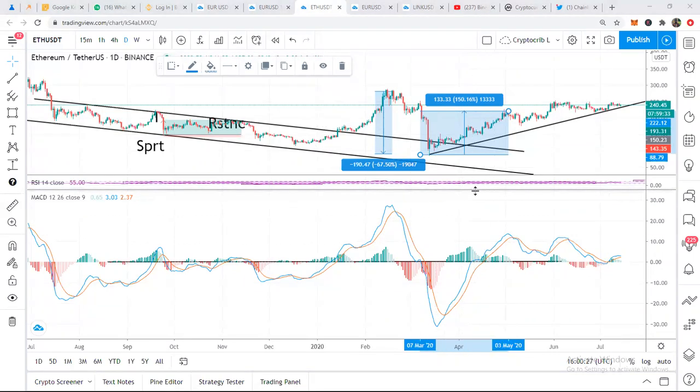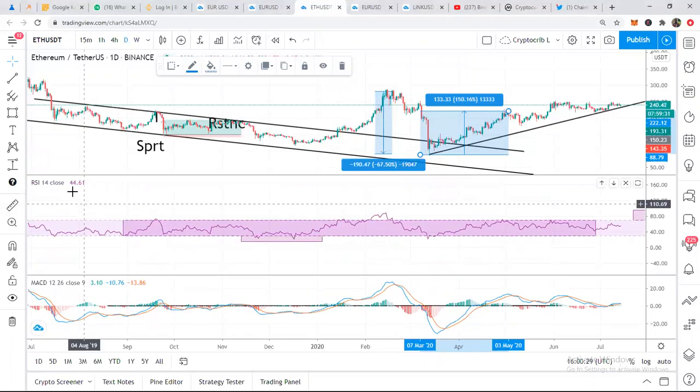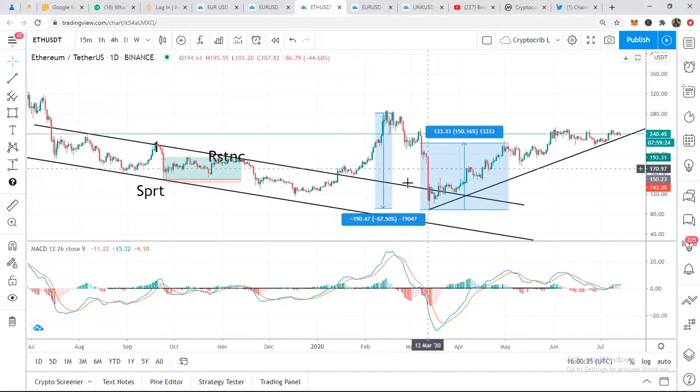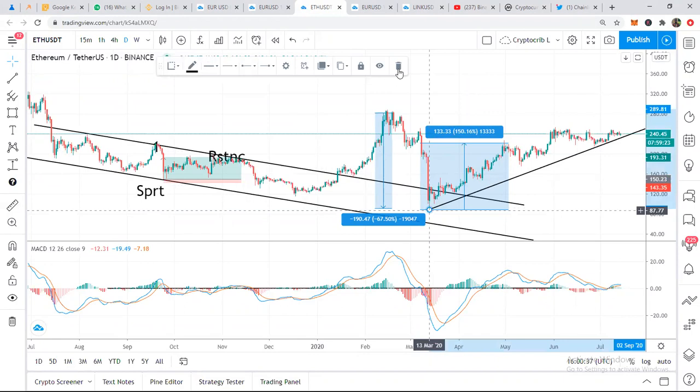Yeah, let me delete this RSI so we can have enough space. Let me delete all this too, so we can have a clean chart.